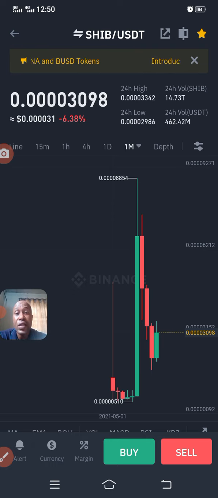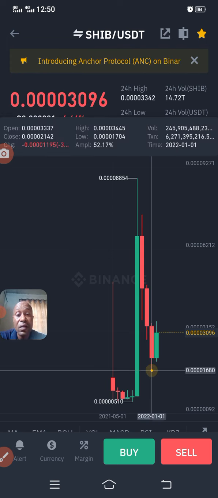You can see that the price got to 8,854 SAT and sold down towards 1,680 SAT. So people that bought in that area have lost their money until price shifts back there again. You can see what happened.